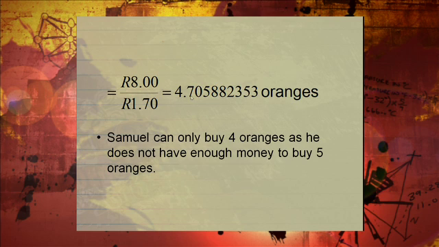Is it possible to get 0.7 oranges? Obviously, no. But what happens? Samuel can only buy 4 oranges as he does not have enough money to buy 5 oranges. If we take this to 5 oranges, the money doesn't allow. You rather round down to 4. We know that with 4 oranges, we are sure that they can fit into 8 rand.